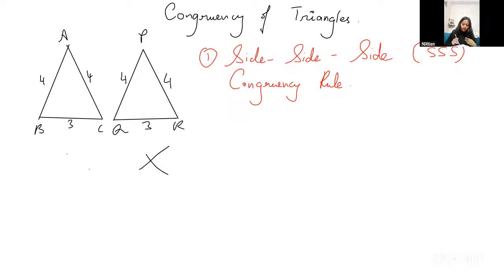Then only it is congruent. If PR is 3 and QR is 4, can we just flip it so that it becomes right? No, we cannot flip it. It just means that it will not be congruent because the corresponding sides are not equal.